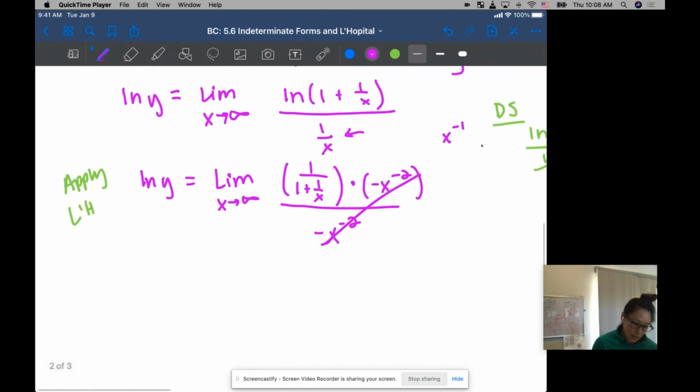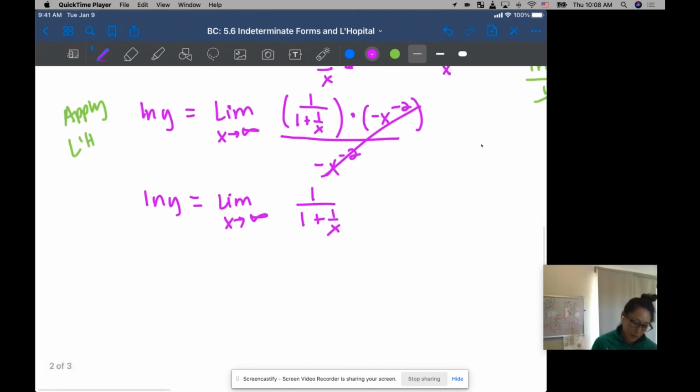And then what I end up with is just the ln of y is equal to the limit as x approaches infinity of 1 over 1 plus 1 over x. And then we're almost there.